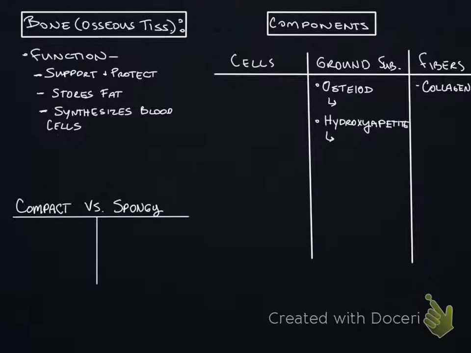So we have two types of bone. We have compact and spongy. Compact bone is made up of osteons. And spongy bone sort of looks like this, if you will.